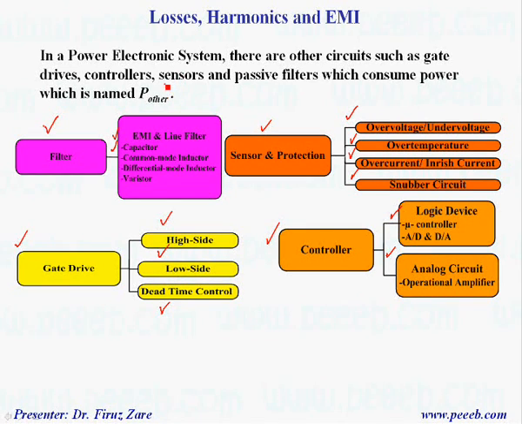So in this case, we consider extra power as P other, which is associated with these losses. So when we calculate the total loss in a power electronic system, we should consider this loss as well.